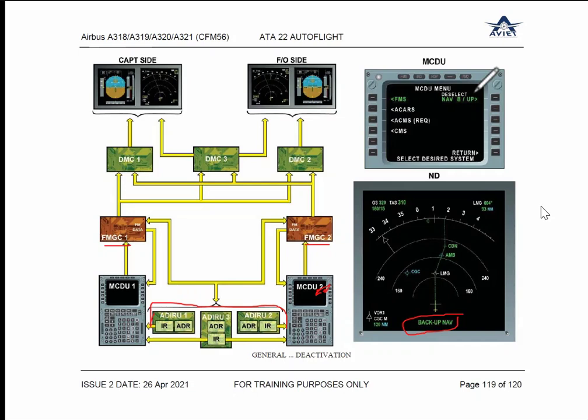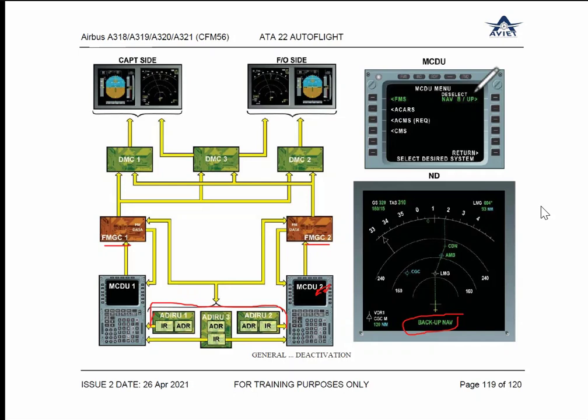But if only your FMGCs have failed, he can still use the FCU and all to put in his inputs, right? FCU altitude can be used. Heading, yes, and all. FCU will be used. Manually they will work.